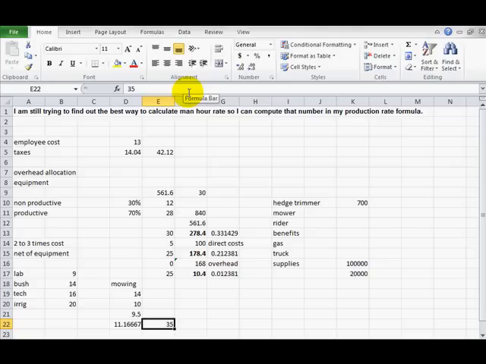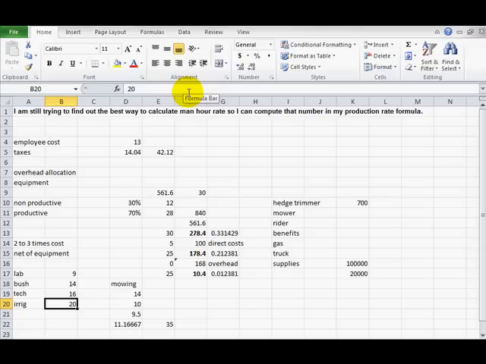But my point is, this number is going to change. So for an irrigation guy, you're going to bill them out at a totally different hourly rate than you're going to bill out a guy that's mowing. And obviously part of that is because you're paying the guy more. And maybe the market will also bear more because of the expectation of the buyer, the homeowner or the commercial property, in terms of just how the market works. They are willing to pay more on a per hourly basis for an irrigation guy.